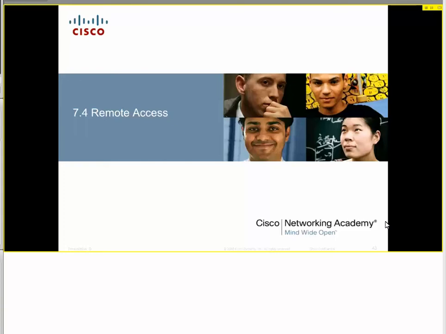So perhaps, given the fact that this is not really a security class, most of this stuff occurs in CCNA security. You really get down into it in CCNA security, because we're dealing with ASA devices. Yes, you can implement site-to-site VPNs using a 1941 or a 2901 router very easily.